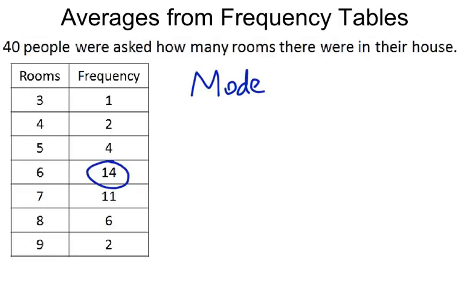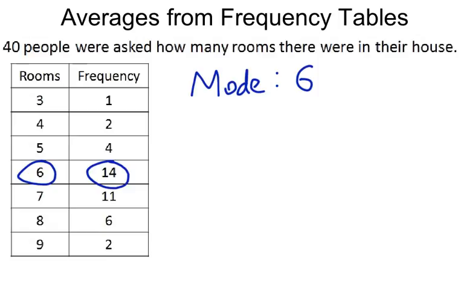What that means is, in our list of data, there are 14 sixes. So the mode is 6. It's really important that the mode comes from the data column, not from the frequency column. We use the frequency column to find it, but it is the value in the data column that is the actual mode, in this case 6.